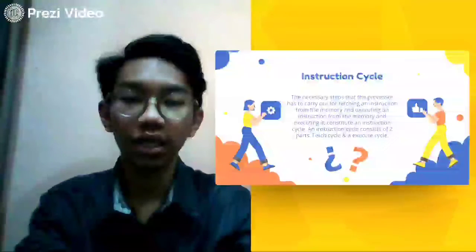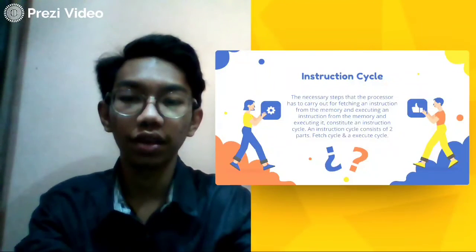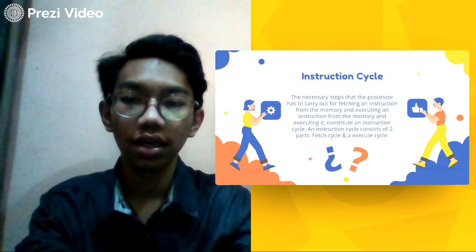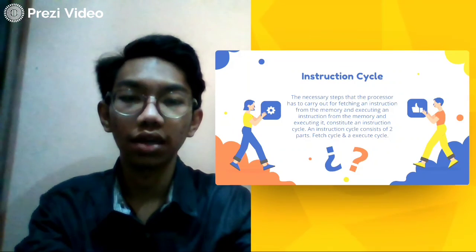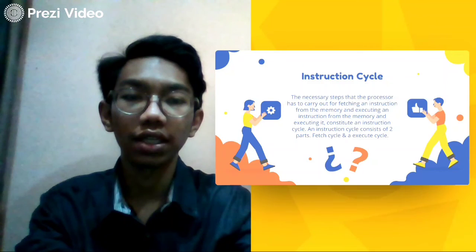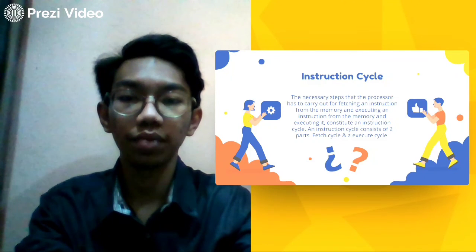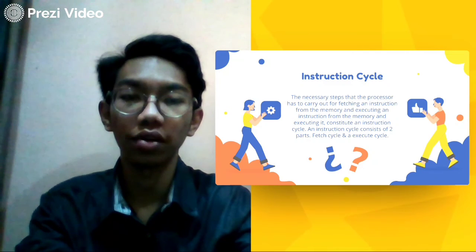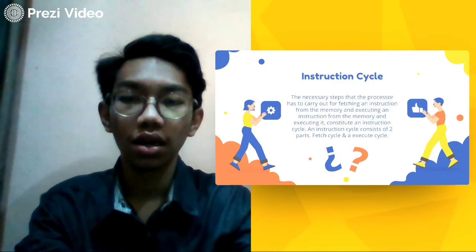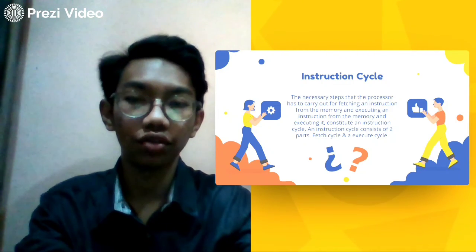Thereafter, it may take another program, if any, to execute. The necessary steps that the processor has to carry out for fetching an instruction from the memory and executing it constitute an instruction cycle.